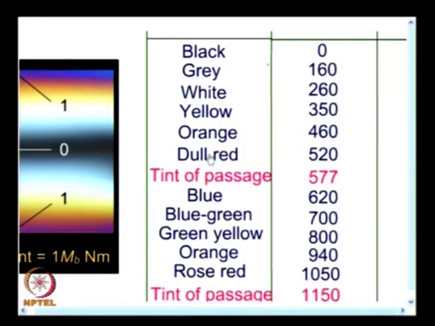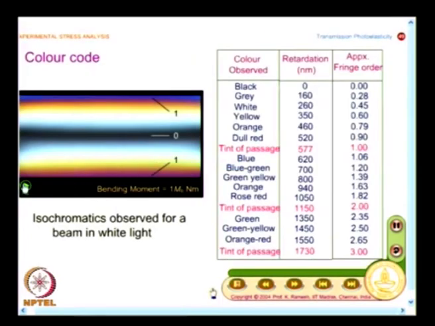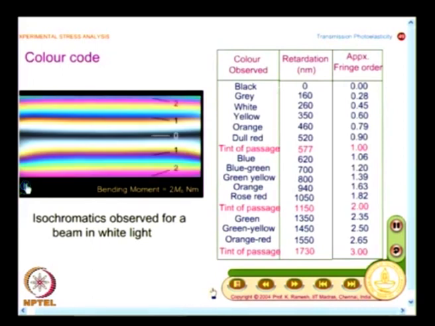And what you see here, I see a dull red to blue, and that is what you see here. My interest is to show you the difference between fringe order 1 and fringe order 2. We will see the fringe order 2 here, fringe order 2 here, and this is fringe order 1. I will just magnify.